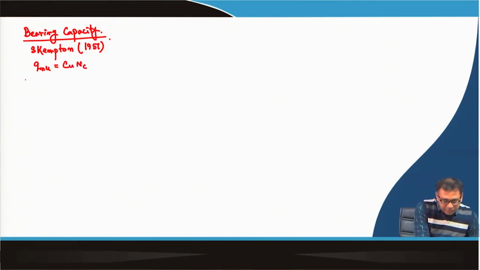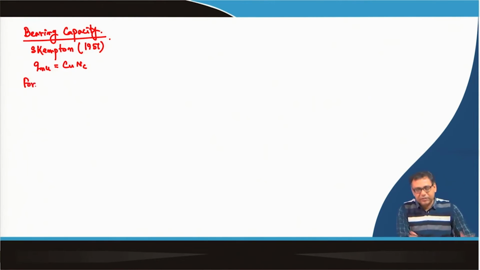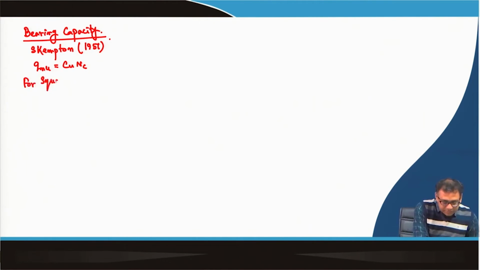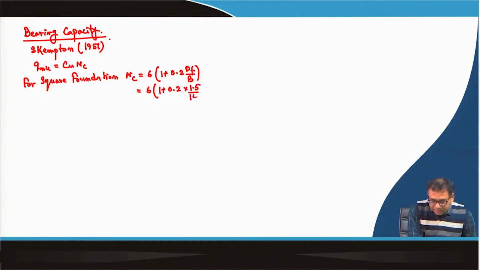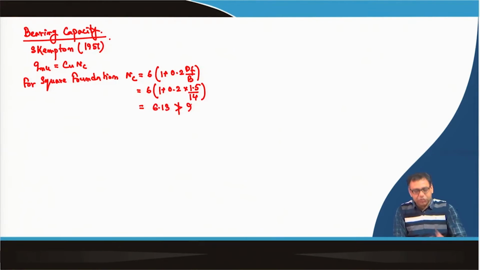And for square footing, because it is a square foundation, Nc is equal to 6 (1 + 0.2 Df/B), and that is equal to 6 (1 + 0.2 × 1.5/14), which is 6.13, which is not greater than 9, because it should not be greater than 9.